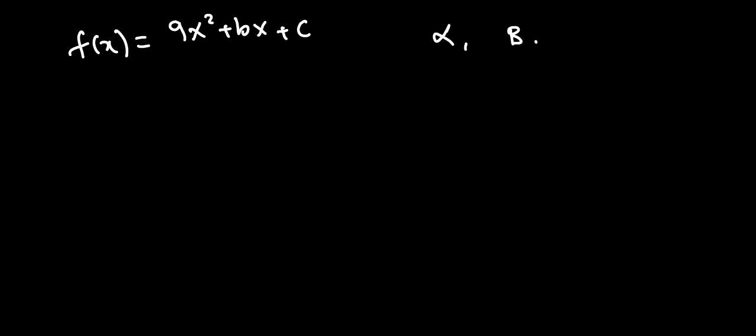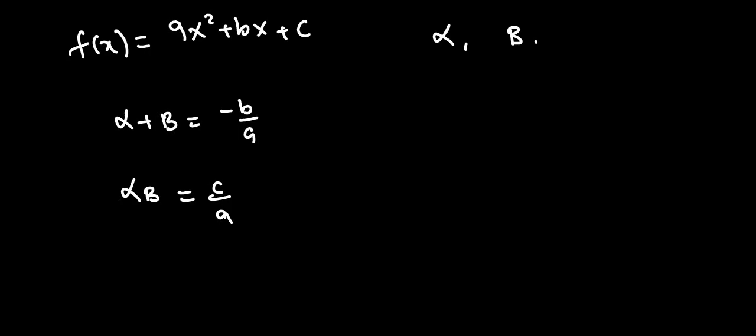Let's call those answers alpha and beta. You can always get the sum of those 2 answers by writing negative b over a, and you can know the product of those 2 answers by saying c over a.